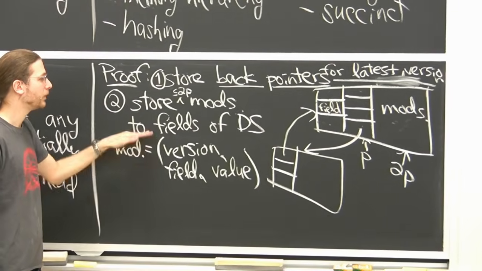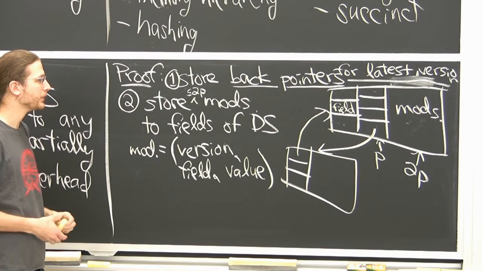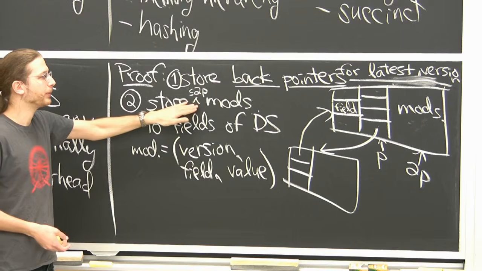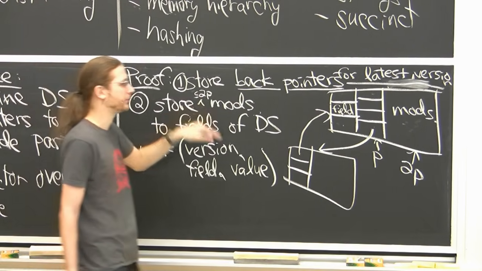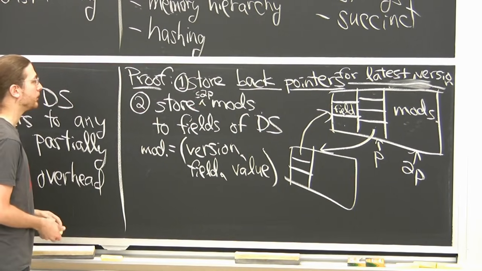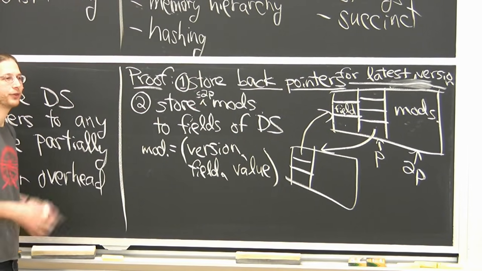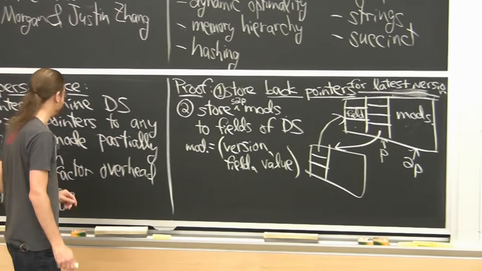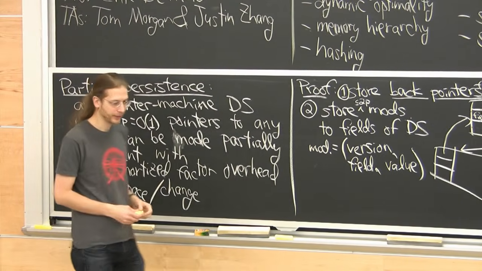Okay, so that's what they'll look like. There's a limit to how many, we can only store a constant number of mods to each node, and our constant will be 2p. Okay, those are the ideas, and now it's just a matter of making this all work and analyzing that it's constant amortized overhead.